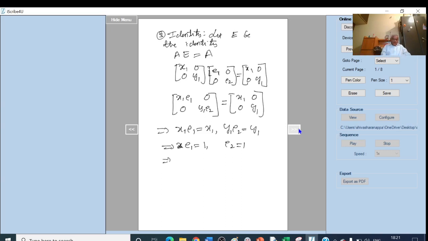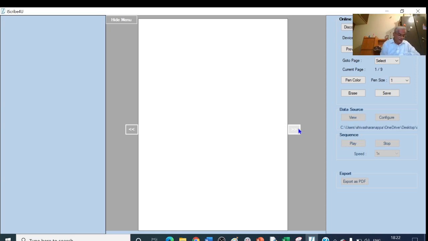Then E is [e1 0; 0 e2], that is [1 0; 0 1], which is the identity element. Next I will go for the fourth one, the inverse element.